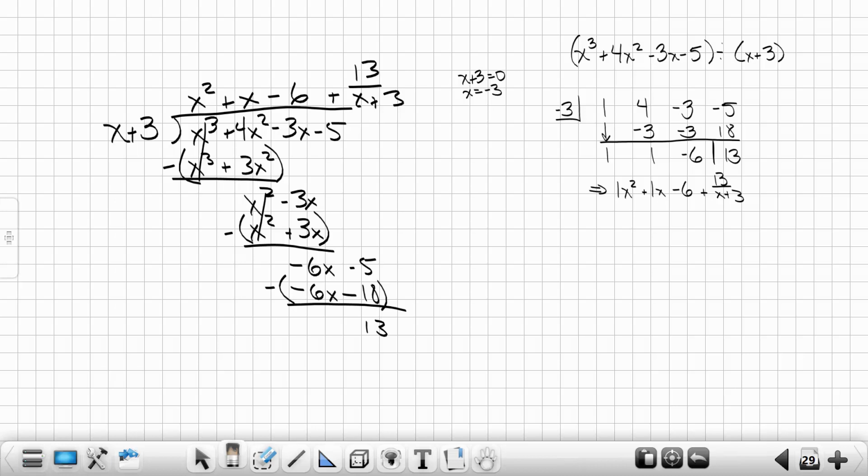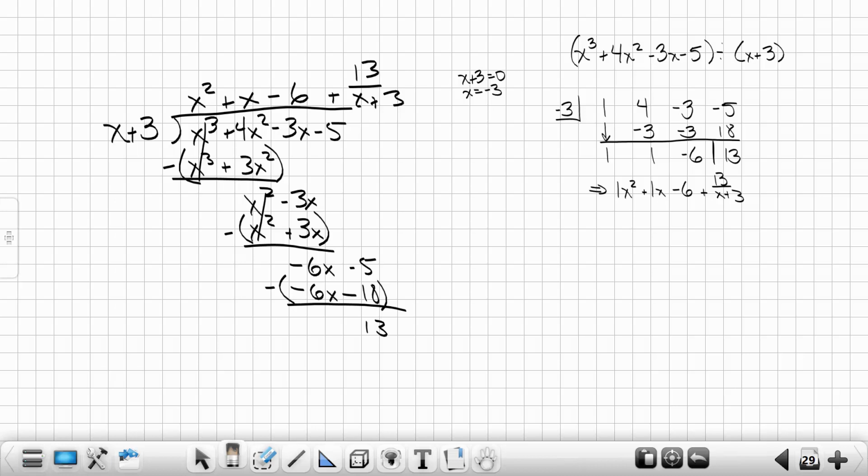Cameron: When you do it using synthetic division, I understand how you got the variable and the power for the first number, but I don't get how the x carries out to those, because there's the 1 and the negative 6, without having to do the division in your head.